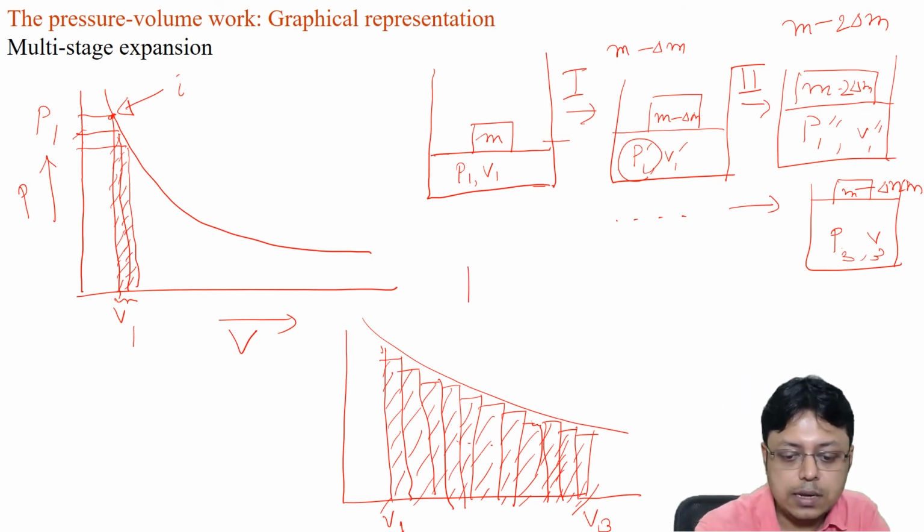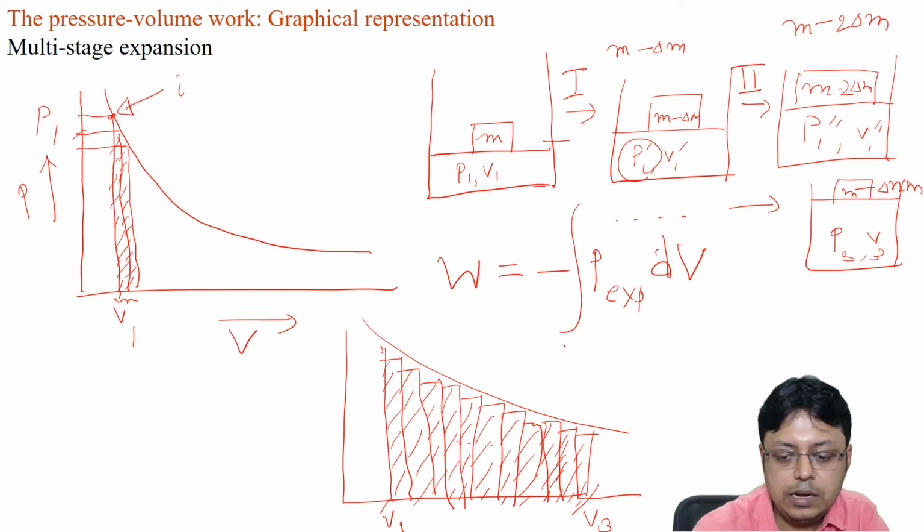So what we are saying is that in this case, the work done is nothing but negative of P external into delta V. I will use a differential notation because I am changing the volume by a little bit, and then I have to integrate the small work done for each change in volume, where the entire volume is going from V1 to V3.